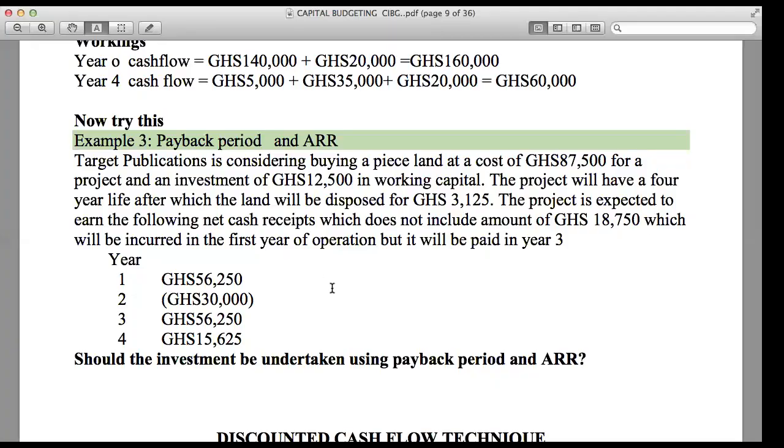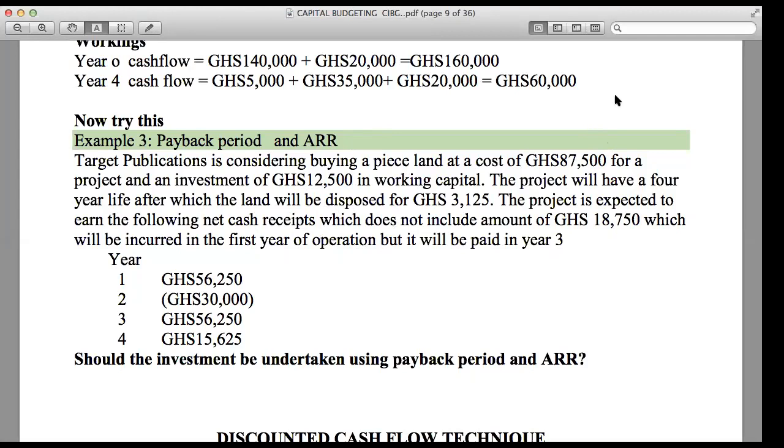Now let's move on. When you go to year four, the actual cash flow is 15,625. But we said that the working capital will be released at the end of the project life, which is 12,500.